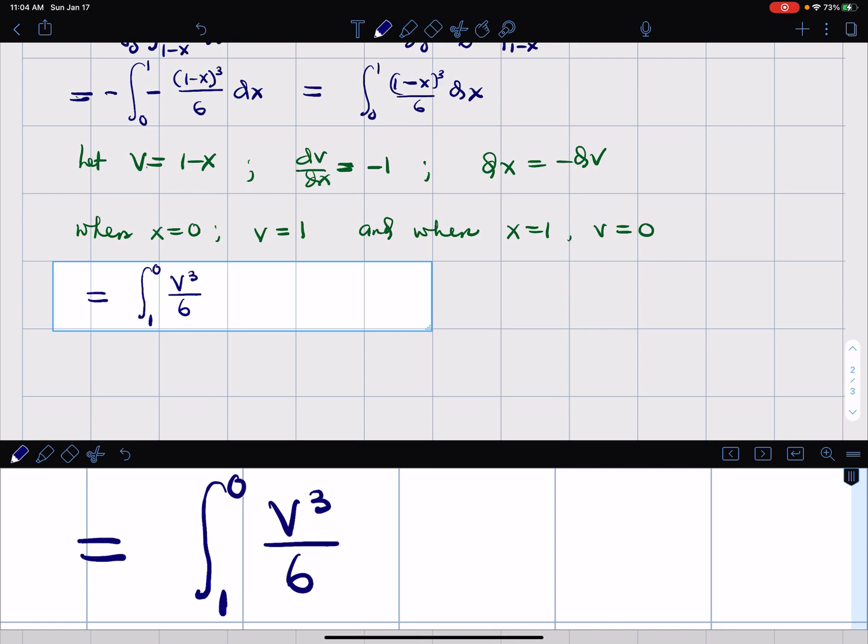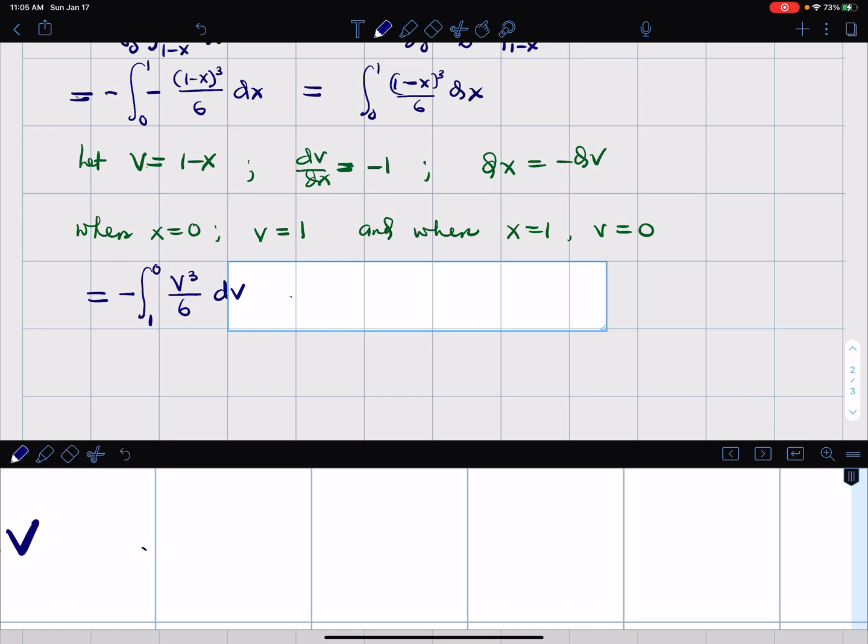Because when x is 0, v is 1. And when x is 1, v is 0. So we have v cubed over 6. dx now is negative dv. So we put dv here. Put a negative there, right? So this becomes v to the 4th over 24.